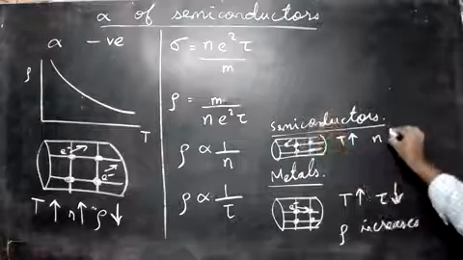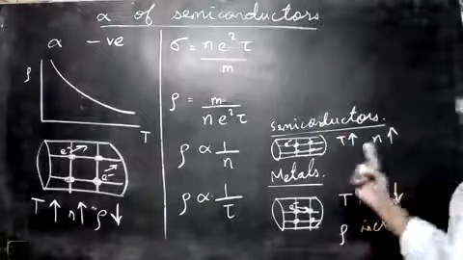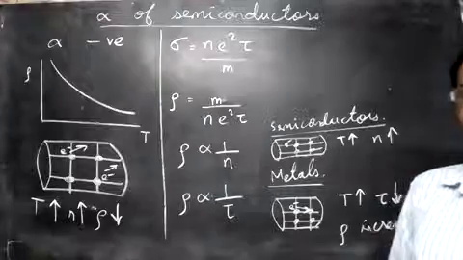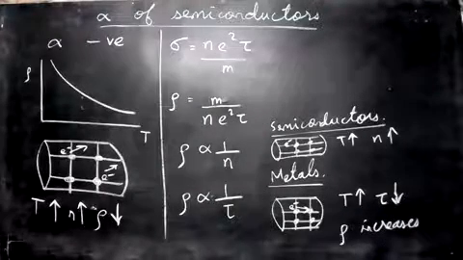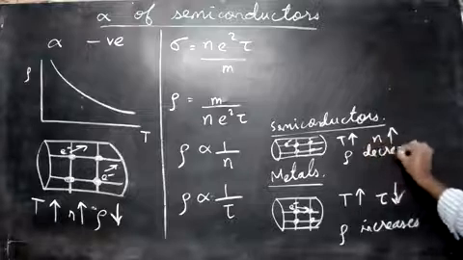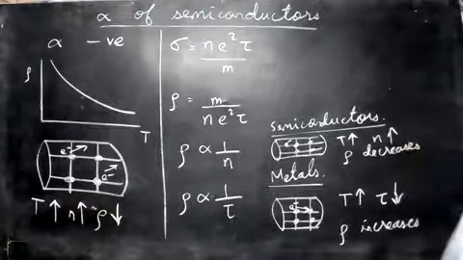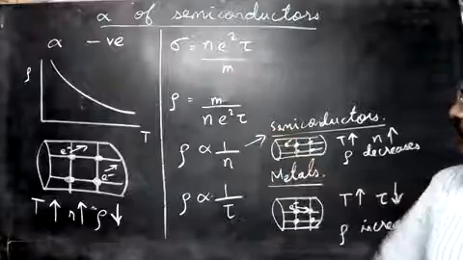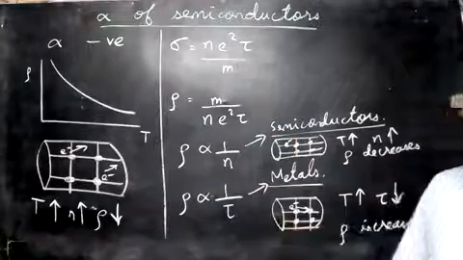As the number of electrons increases, resistivity rho will decrease. So as the temperature increases, resistivity will decrease. I've used this equation for semiconductors and this equation for metals and explained it.